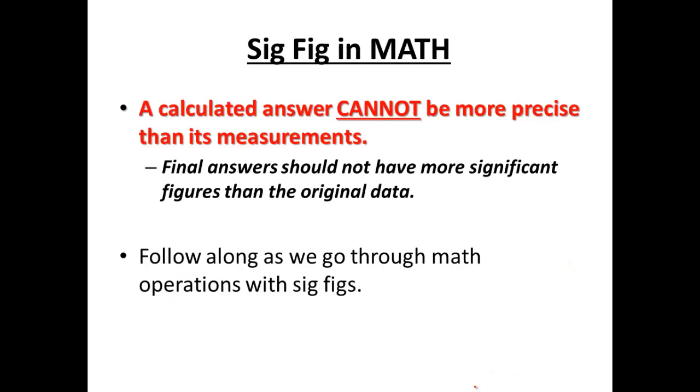Now, an answer cannot be more precise than its own measurements to begin with. So the measurements you take down are as precise as your answer can be. Your final answer should not have more significant figures than your original data.